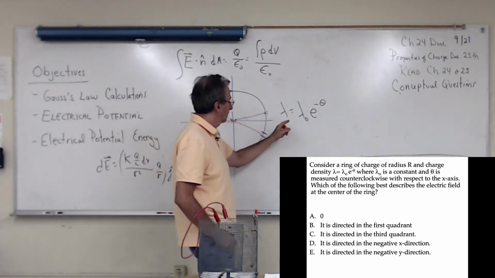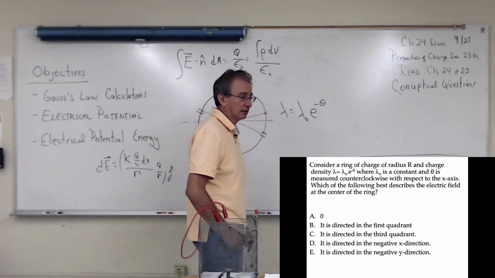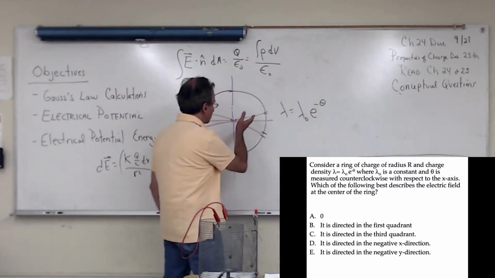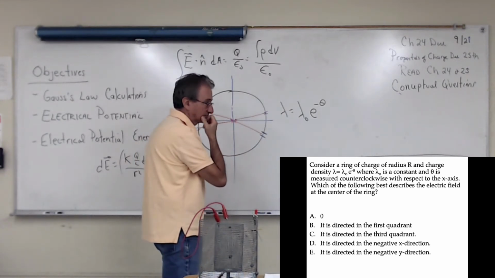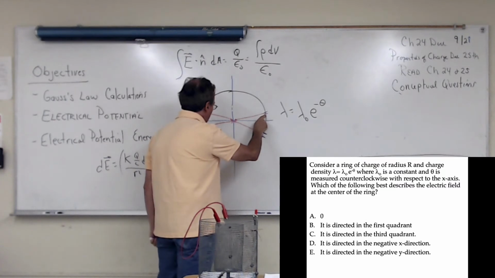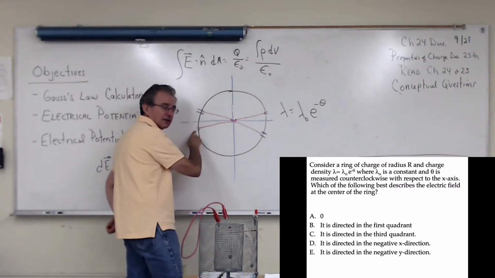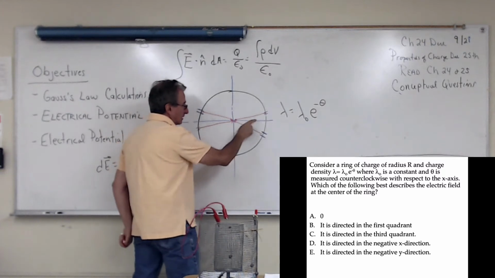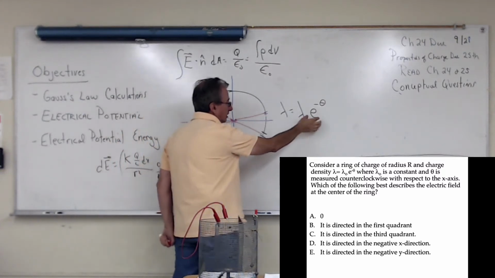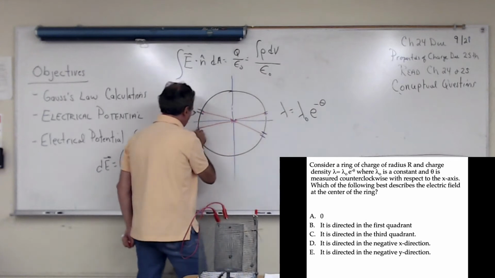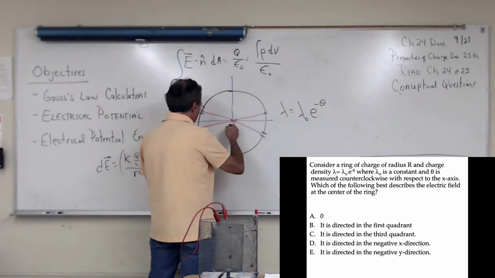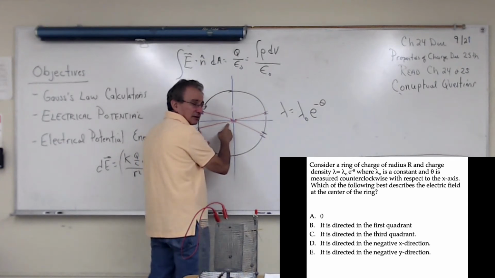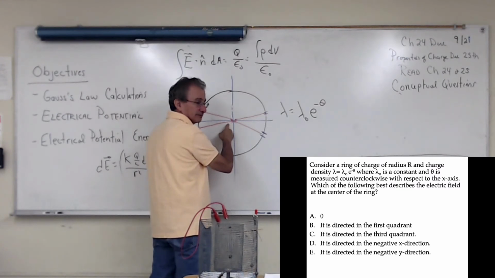If lambda equals lambda naught e to the minus theta, where theta is measured counterclockwise from the positive x-axis, how big is this charge as compared to this charge? This angle's smaller, so e to the minus theta is bigger than this one. So this arrow is going to be longer than this one going in the opposite direction. In fact, it's going to be significantly longer.